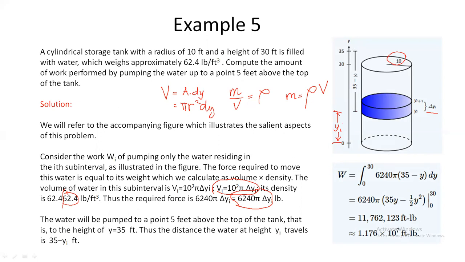So the work that we are computing is still based on the formula: work is equal to the force times the displacement. The displacement is the same in direction as the force applied. You can see in here that your volume is 10 squared pi delta yi or dy, and that will be equivalent to a force after multiplying it with the density, 6,240 pi delta yi.